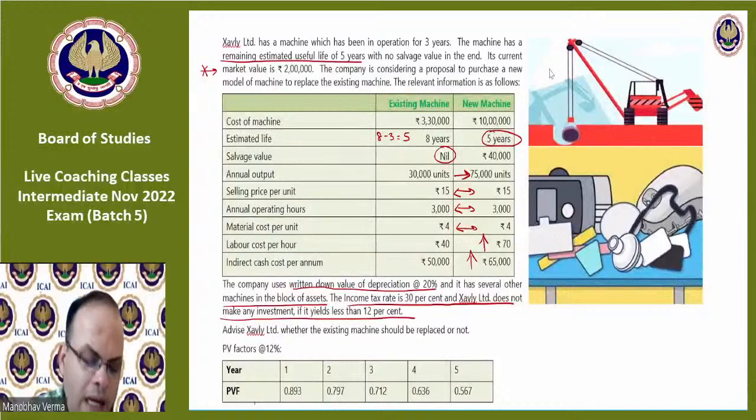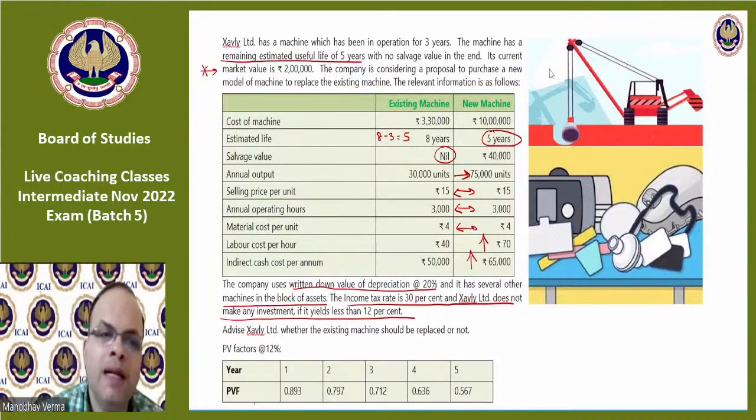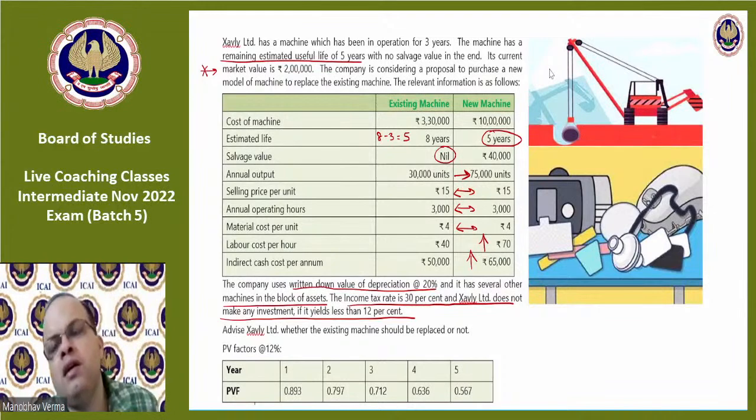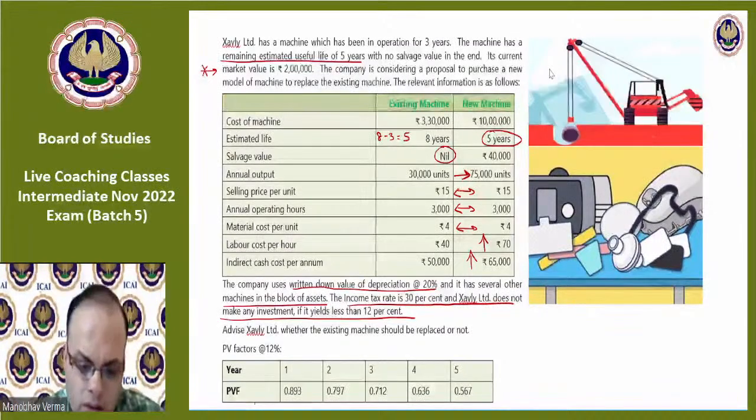Okay, a couple of students are confused with the tax impact as well, guys. I want everyone to please refer to the paragraph below the information. The company has other machines in the block of assets. Will there be a tax when there are other assets in the same block? Will there be a tax implication? We are talking about sale of capital assets, right?